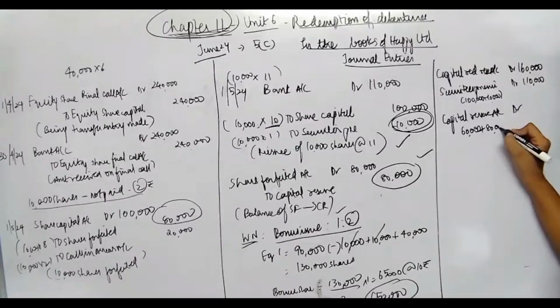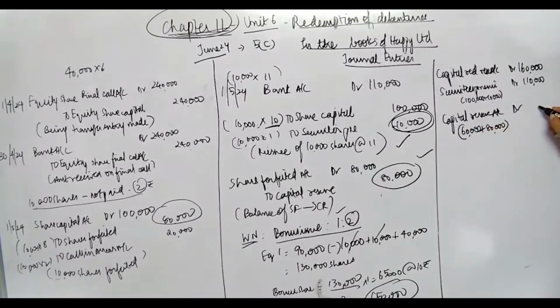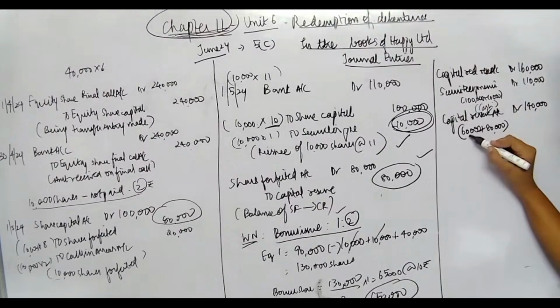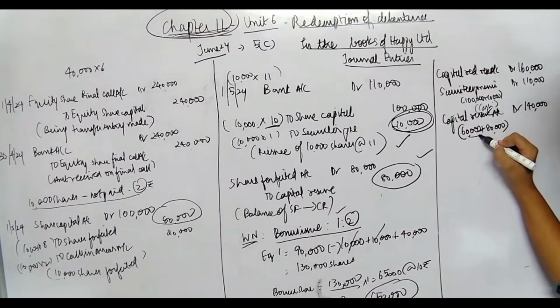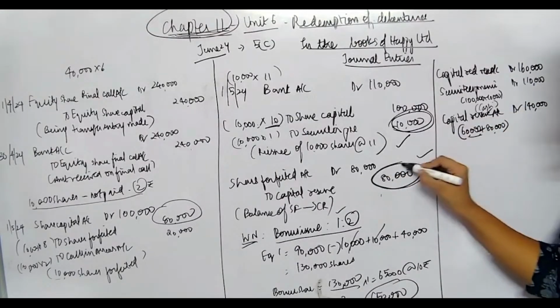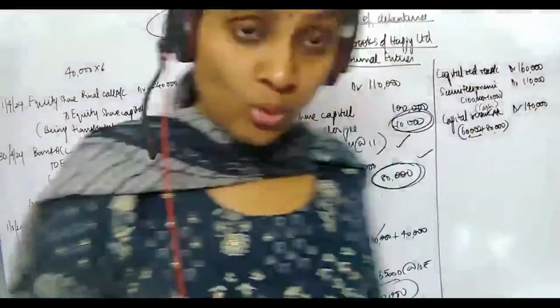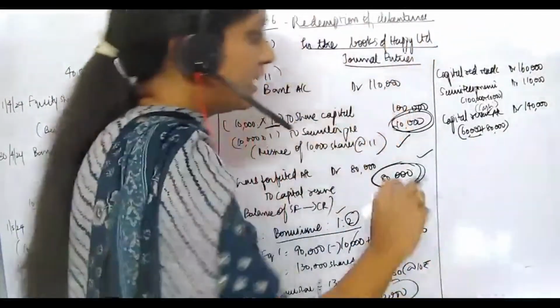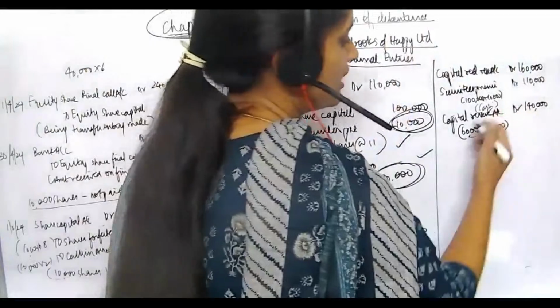So 60,000 plus 80,000 is nothing but 1,40,000 that I have taken from the capital reserve. Okay, how did you take, madam? It is received in cash, no? So the opening balance which is already there, plus whatever balance I have transferred now on account of the shares forfeited, that also I have considered. So the total is 1,40,000.